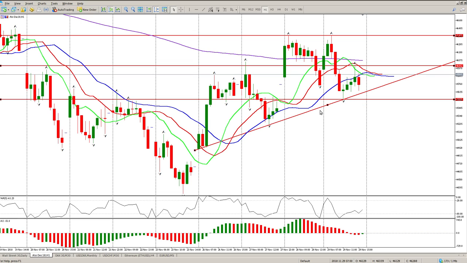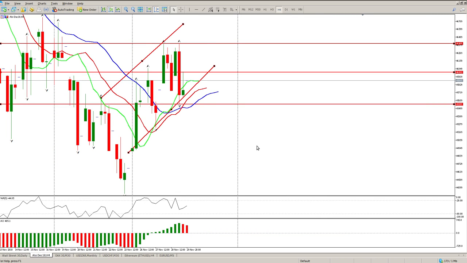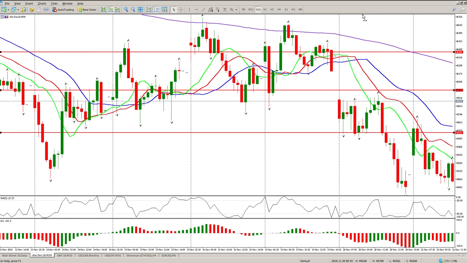And the other thing to bear in mind is that we're in a channel. If we come back to a higher time frame, you'll see what I mean. So we are in a bullish channel. It's not exact, but this thing is so volatile at the moment, I think you get the picture.